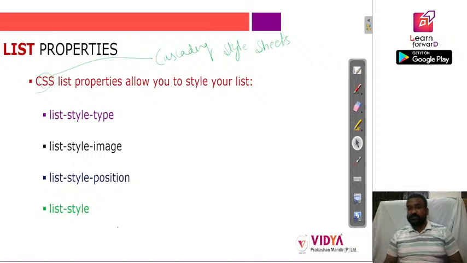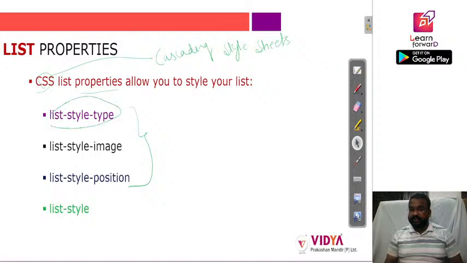Cascading style sheet helps you to design your list, or to decorate your list, and you can do that with the help of CSS properties. So basically, there are four CSS properties that we can apply.